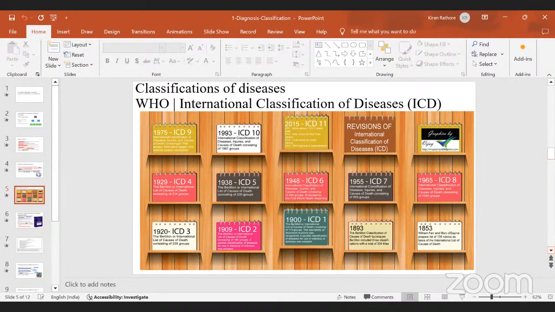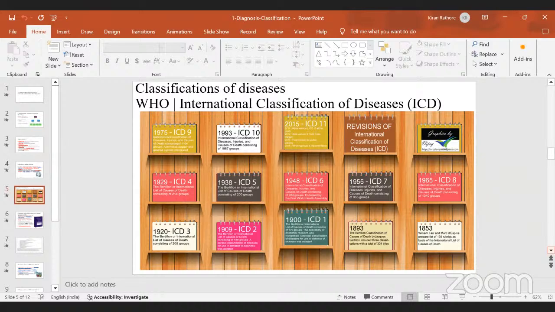It has certain chapters, or categories, under which different disorders are clustered based on their similarities. All these categories are given alphanumeric codes. It includes classification of a wide variety of signs, symptoms, abnormal findings, complaints, social circumstances, and any causes of injury or disease.